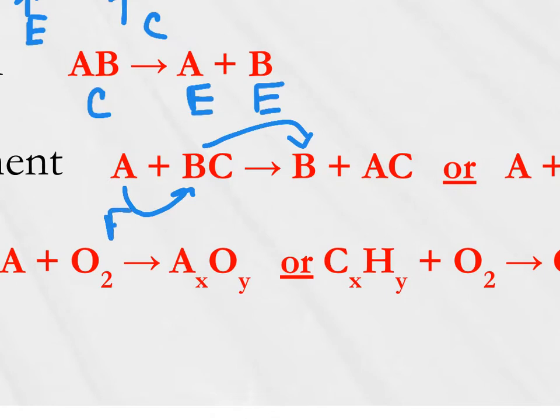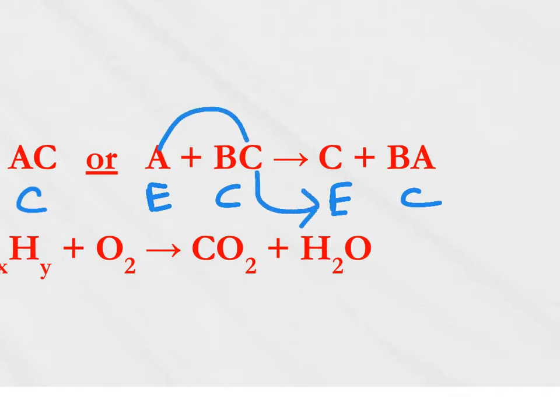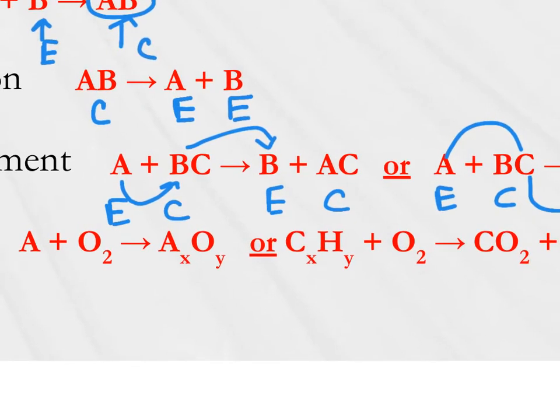So we have an element reacting with a compound, and it's forming a different element with a new compound. Same thing with the other example: an element plus a compound, forming an element and a new compound. This time A kicked out C, and C's all by itself. So what's the difference between these two? That's kind of a tricky thing.